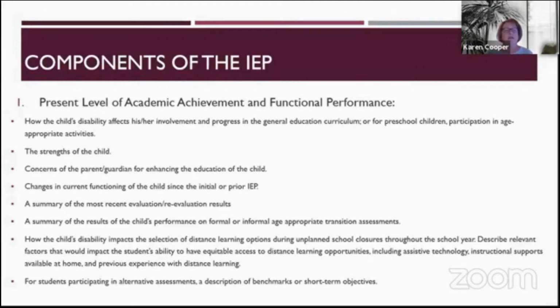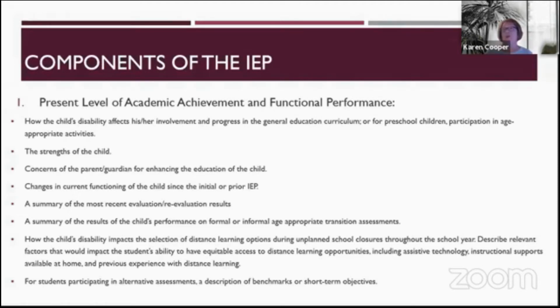I want you to also notice that the name of it includes academic achievement and functional performance. So it's not just how the child is performing in academics, in reading and writing and math and science and social studies. It's also how are they functioning in the school environment? How are they navigating that building? How are they doing meeting classroom expectations or following the rules, interacting with peers?